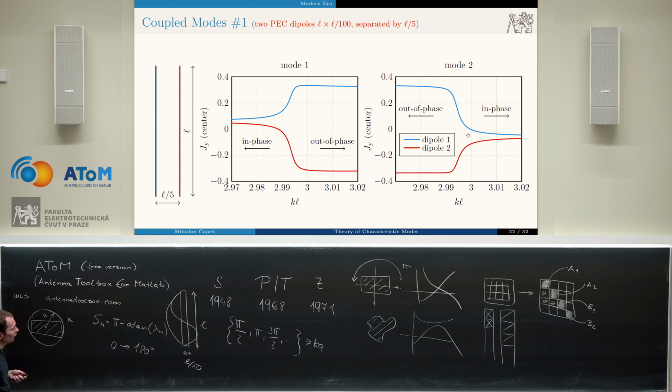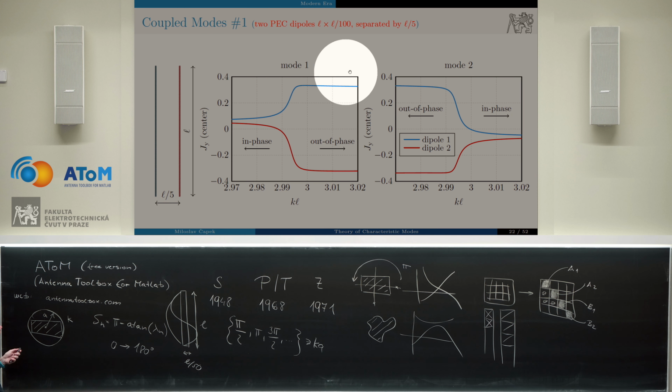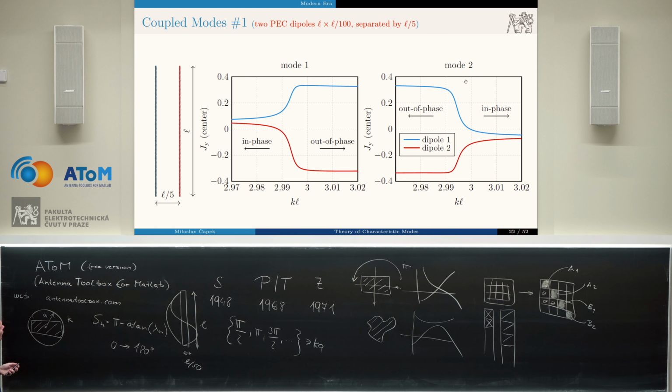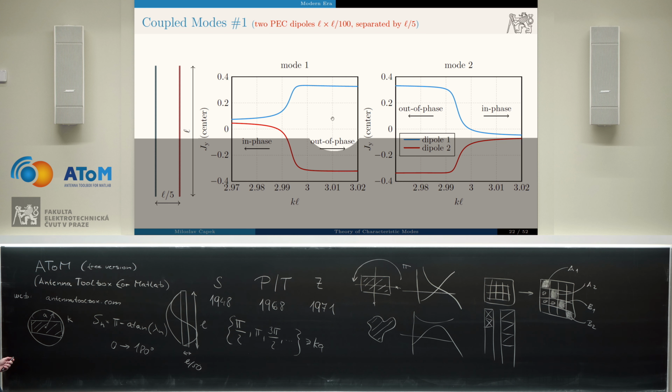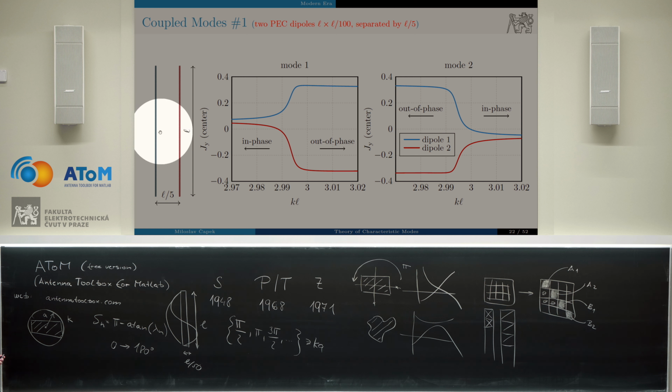What about eigencurrents? So here you can see the first and the second mode. Those correspond with the eigennumbers shown here for the first and the second mode. But here are the eigencurrents, and they are measured in the middle of each dipole. So in the center, the current density in the y direction is measured.